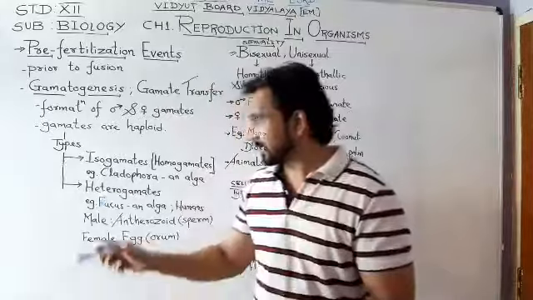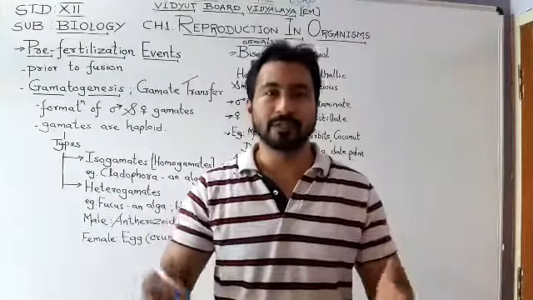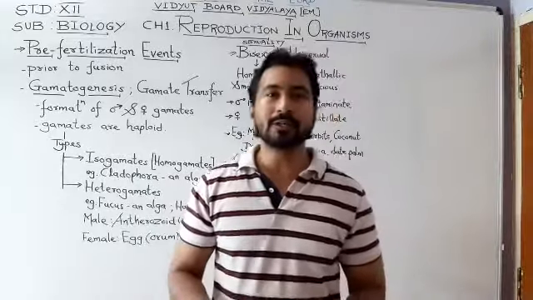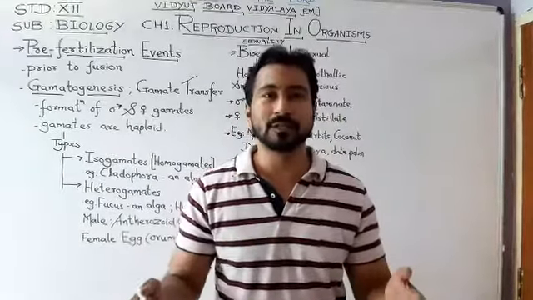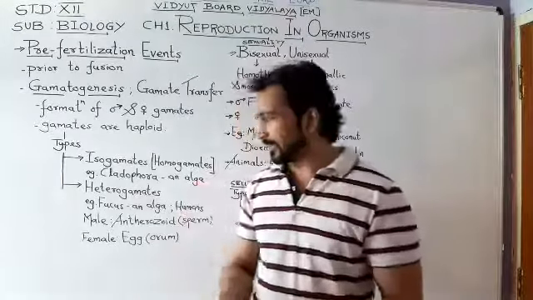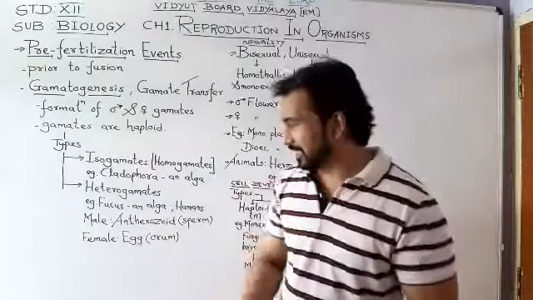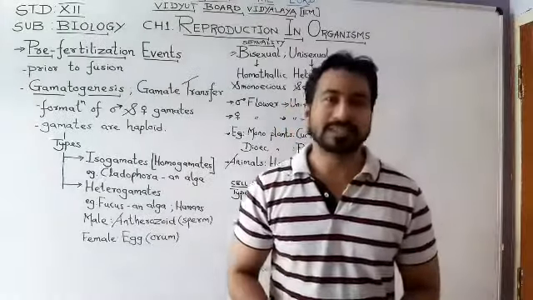The other one is the heterogametes. Hetero means different. So here we are able to see the clear-cut difference between the male and the female gametes. The regular examples are Fucus, one type of algae, and the human beings.